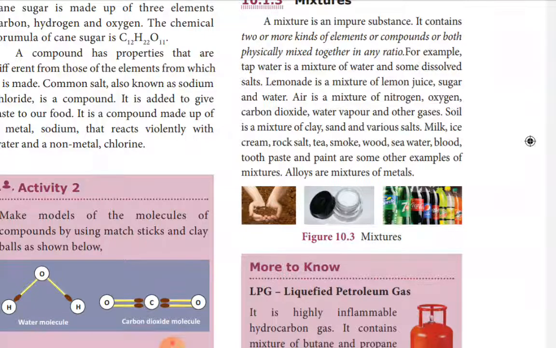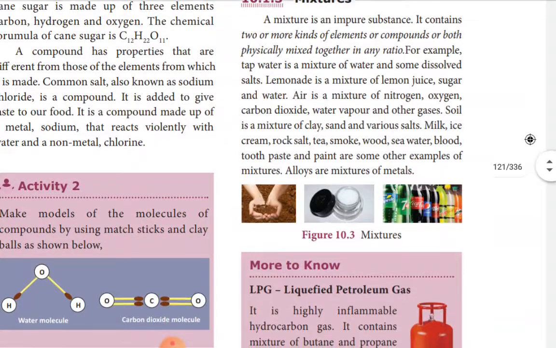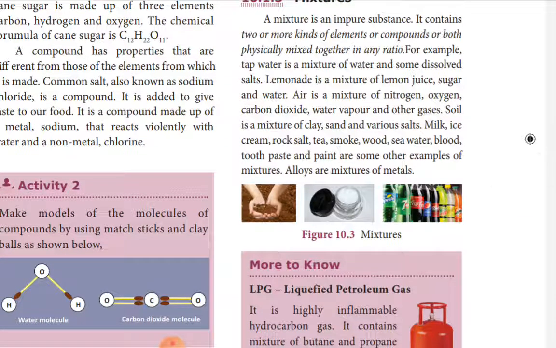These dissolved salts are there in the tap water or ground water. Similarly, lemonade is a mixture of lemon juice, sugar and water. Air, as we already learned, is a mixture because it constitutes nitrogen, oxygen, carbon dioxide, rare gases, water vapor, dust particles.